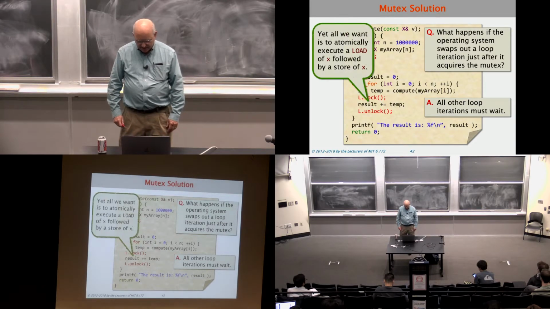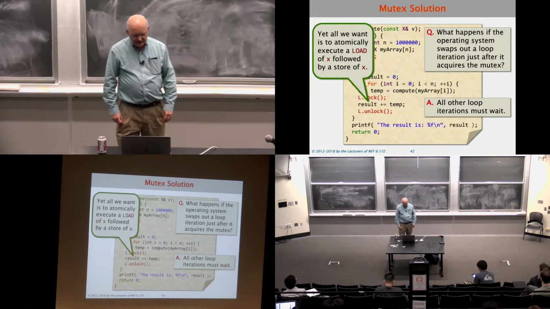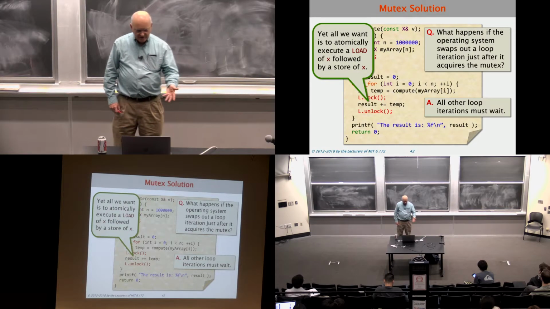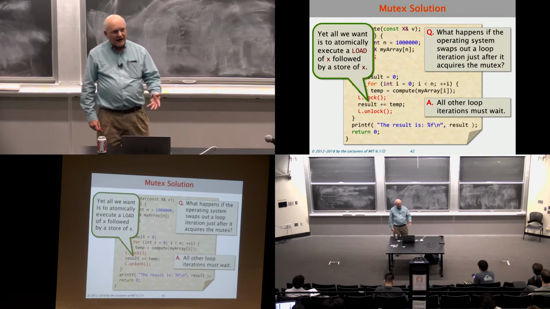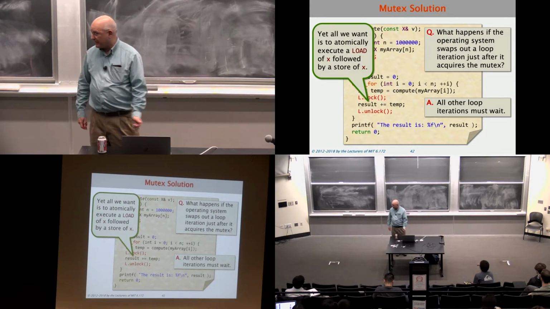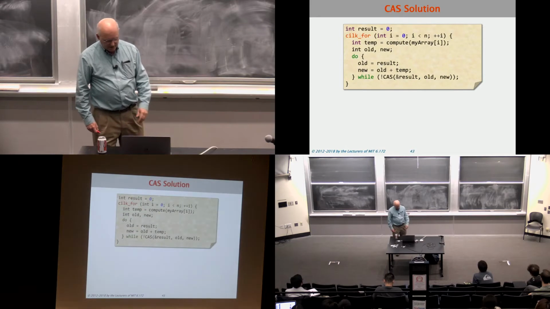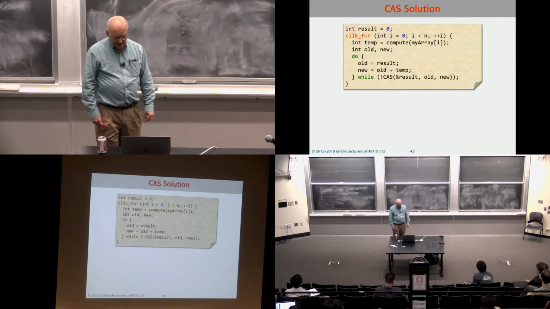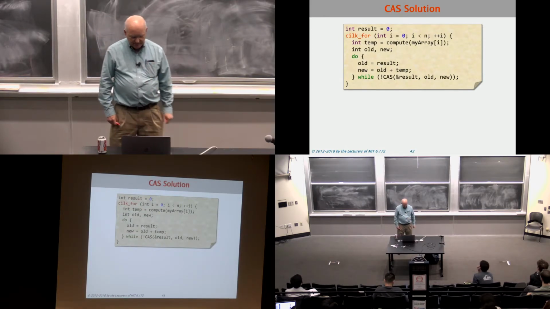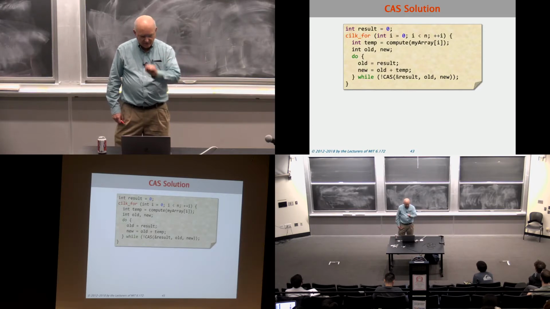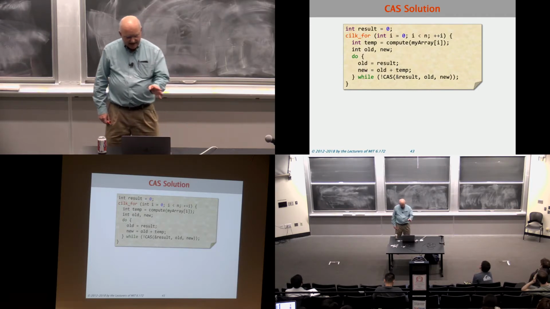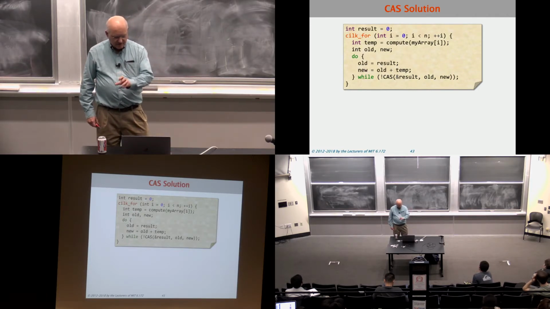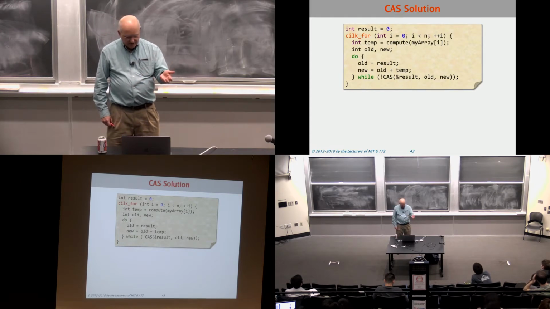So all we want to do is atomically execute a load of X followed by a store of X. Instead of doing it with locks, I can use CAS to do the same thing, and I'll get much better properties. So here's the CAS solution. I also compute a temp, and then I have these variables old and new. I store the old result, and then I add the temporary result that I've computed to the old to get the new value.